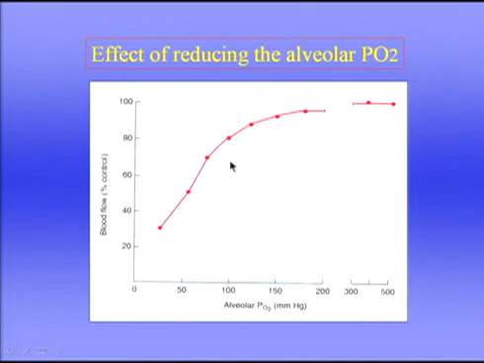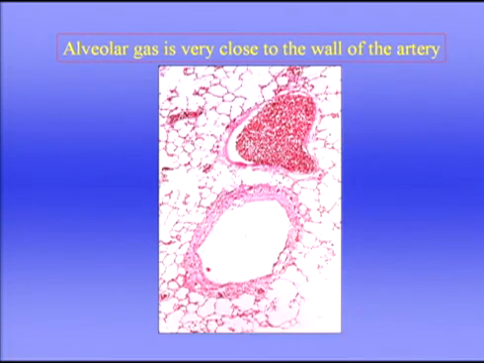Hypoxic pulmonary vasoconstriction. And it turns out that the wall of the small blood vessels, the small arteries, shown here, here's an example of a small artery, and here's its airway, by the way, alongside it. The wall of the artery has a small amount of vascular smooth muscle in it, and you can see that it's very, very close to the alveolar gas.